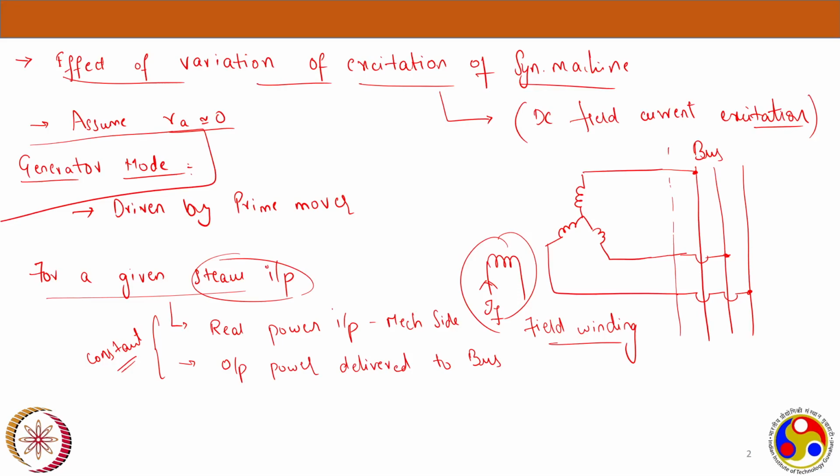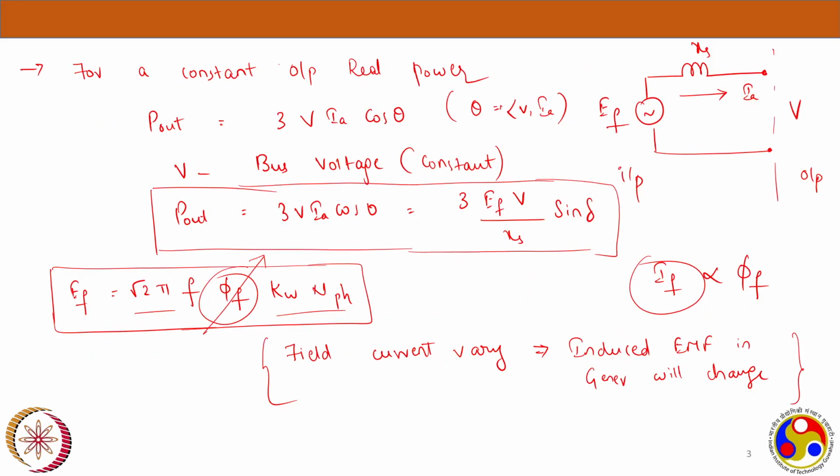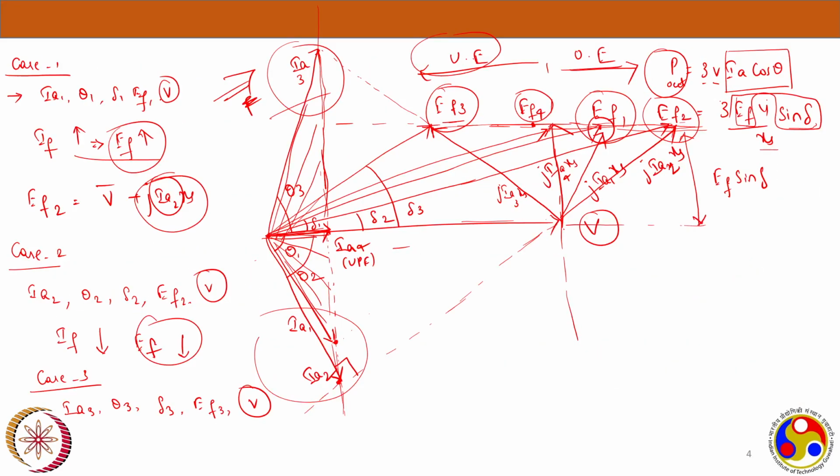We have seen detailed phasor diagrams for a constant power load requirement, based on two different conditions, IA cos theta and EF sin delta, that make the output power constant. Based on those two conditions, we have drawn these different phasor diagrams.